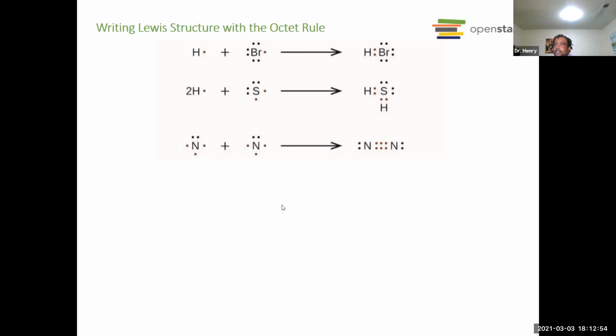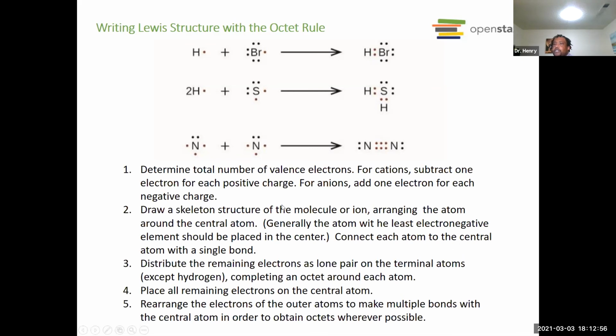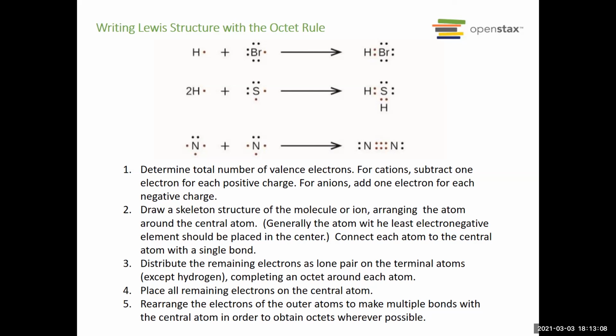Yes, I did stop here. Okay, so these are just basically the step-by-step on how to do it. But you guys are feeling pretty good. You feeling confident on how to do these things? Yeah. Okay, good.